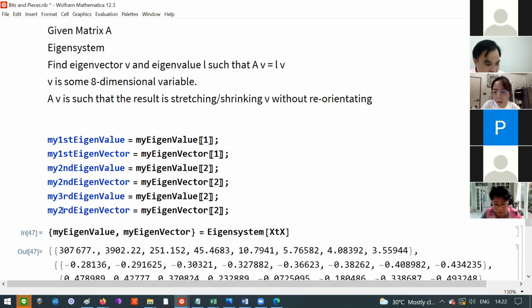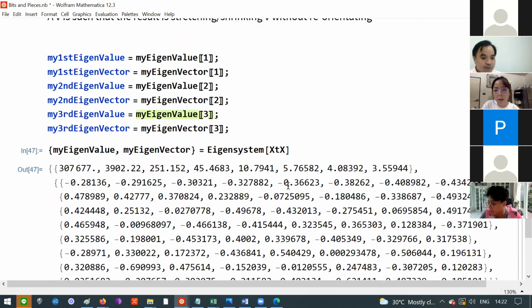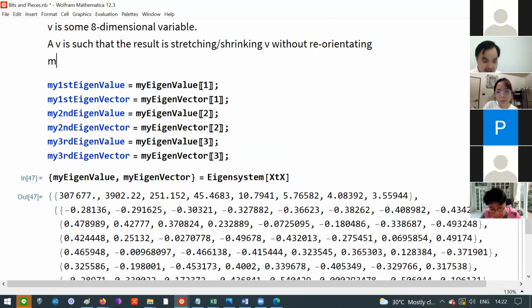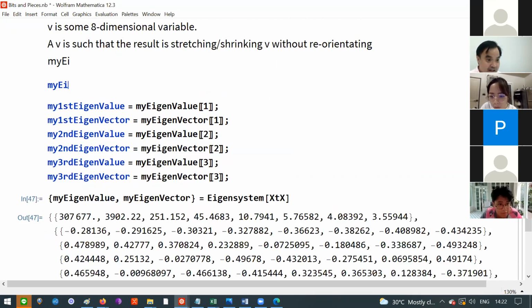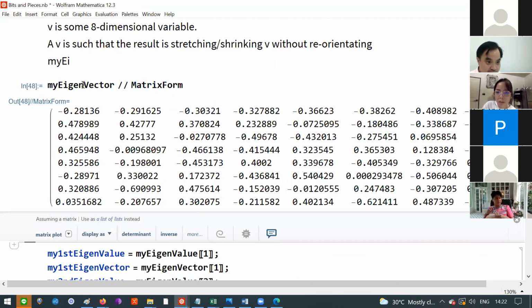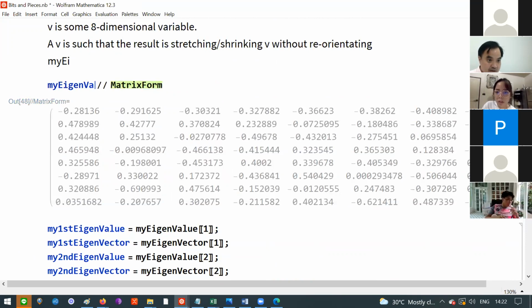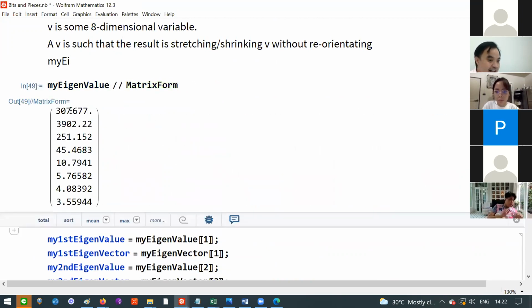Now this thing is already arranged in a nice way. Okay, you see that? Let's look at my eigenvalues. It has 8 values.